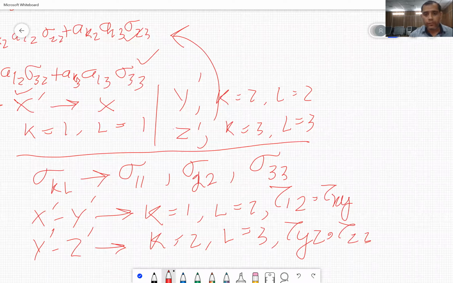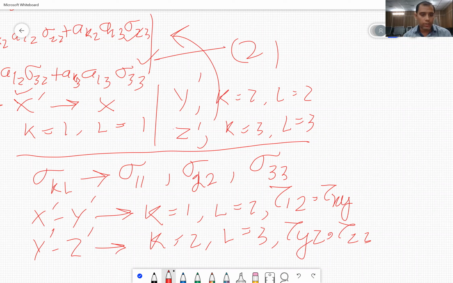So I think it will now be easy for you to calculate the values of different stresses and shear stresses from the above equation, our equation number 2.